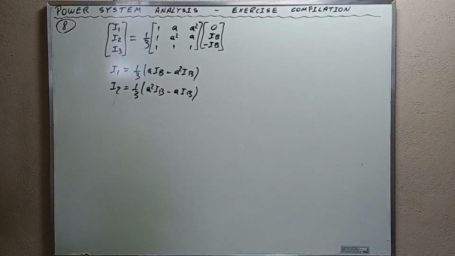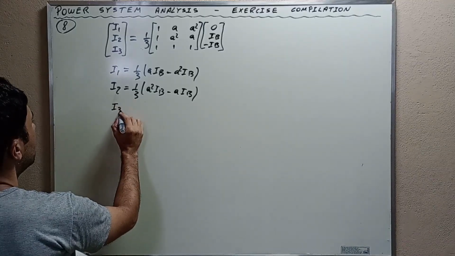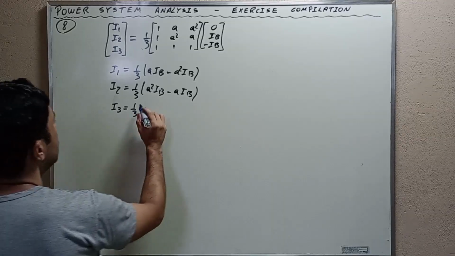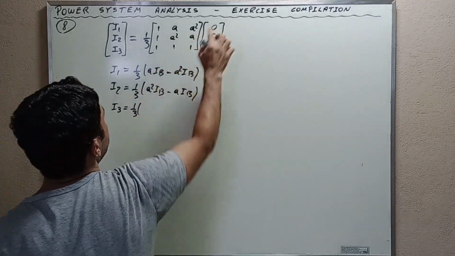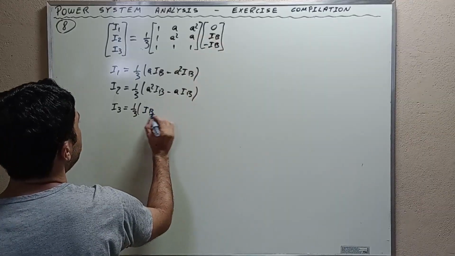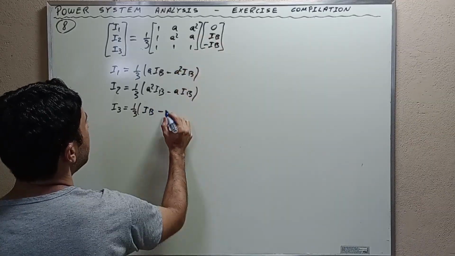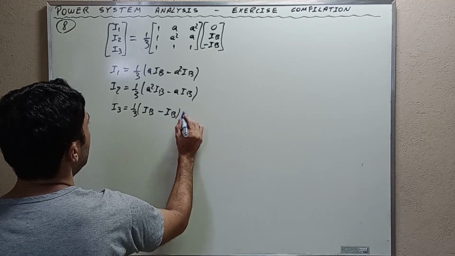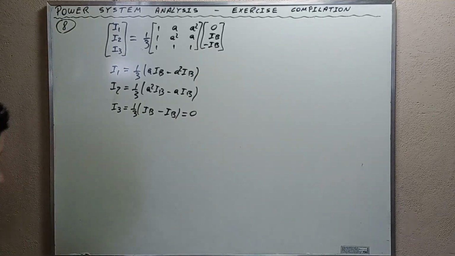And how about I3? I3 is equal to a third of 1 times 0 is 0. 1 times IB is IB, and 1 times negative IB is negative IB, and we conclude that I3 is 0, okay?